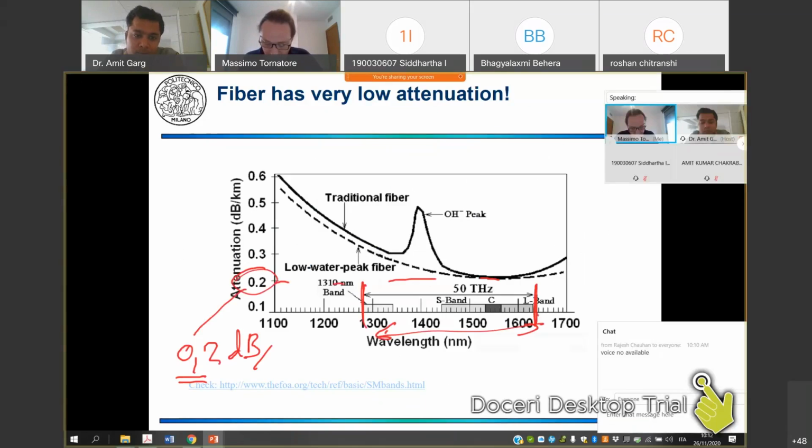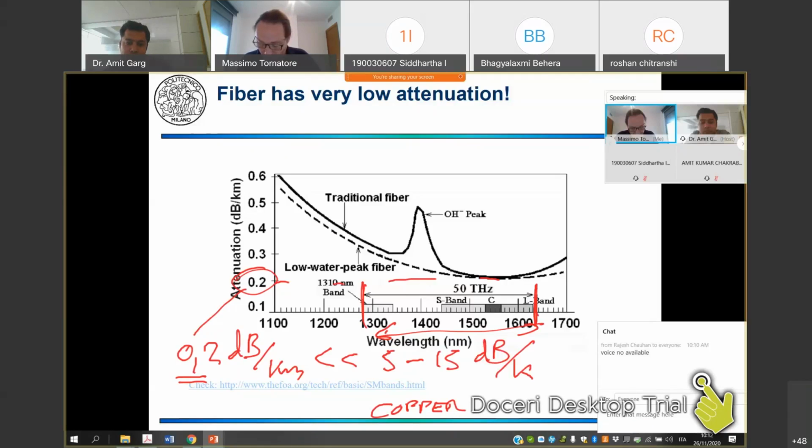And this attenuation is way lower than the attenuation in copper, just to make an example, which is in the order of 5 to 15 dB per kilometer, or even much more than that. So when it comes to transmission, no discussion that we want to go in optics.